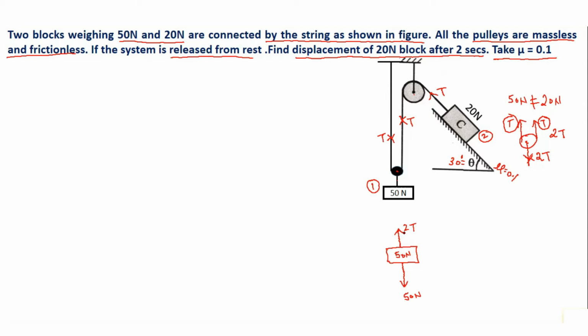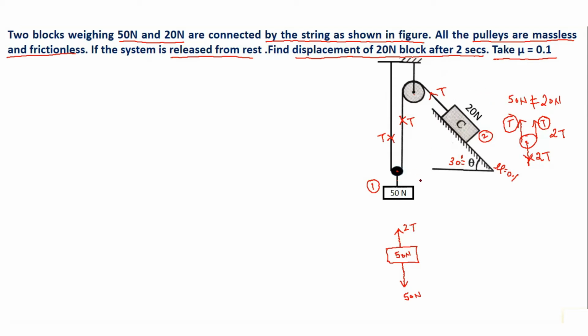Now the next step is to show the inertia force or the imaginary force, but it should be in the direction opposite to the motion of the body. So before that, let me first assume the direction of motions. If you observe this figure entirely, you will see that this block of 50 Newton is heavier than this block of 20 Newton.